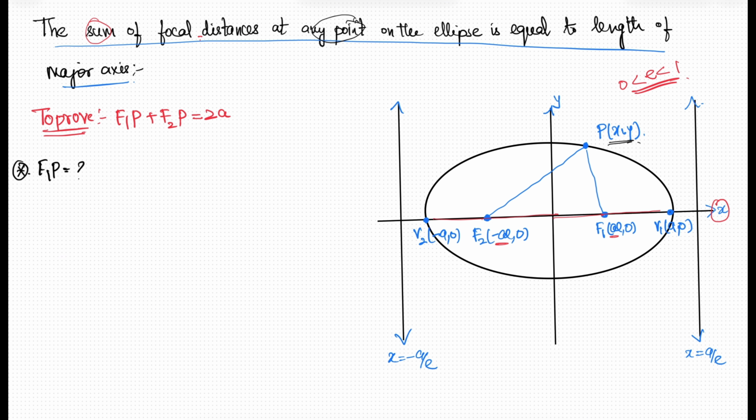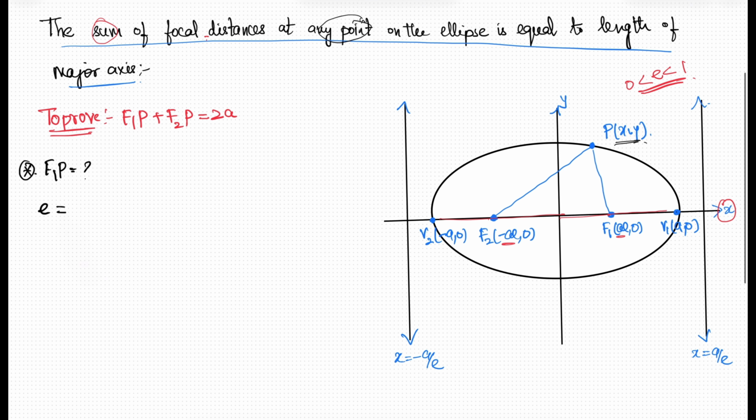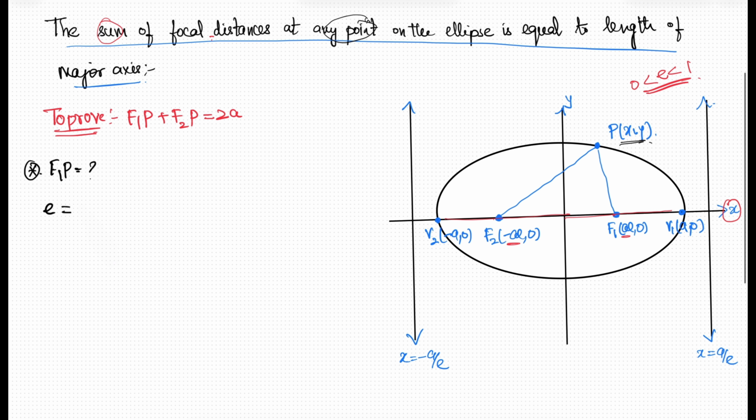F1P is the focal distance from the point F1 to the point P, right? In order to get F1P as an expression, we are going to get help from the eccentricity's definition. Eccentricity e is equal to, the definition calls for the ratio of F1P to PM.